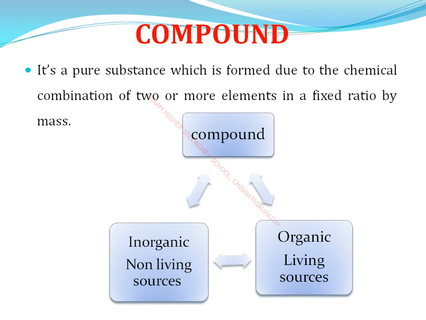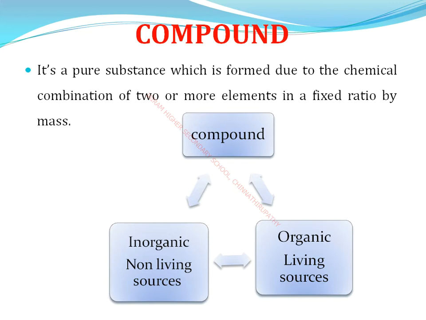Next, say for example, what are the examples we can say for compounds? Water, as I told you right now. What is the formula for water? H2O. H is hydrogen, two hydrogen molecules combined with a single oxygen. That is one of the compounds. Similarly, if we take salt, daily for our food we will be using salt, right? So table salt, what is the chemical combination of table salt?